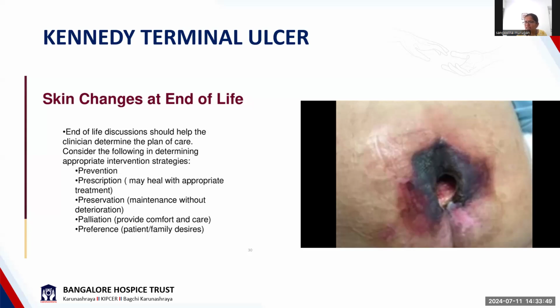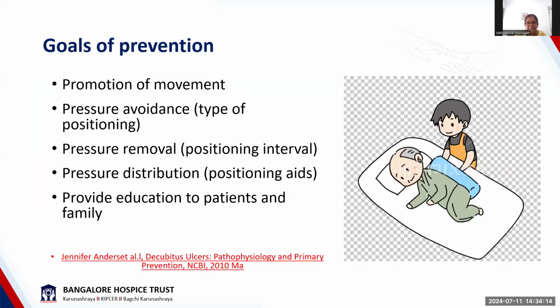It is like a pear or horseshoe shape. It will be black, purple in color, and you can't find the origin properly. The patient deteriorates, and it develops inside the body, and you don't notice it. So this is what is called Kennedy pressure ulcer. It is not because of the nurse's poor care. It is because the patient is in the dying stage.